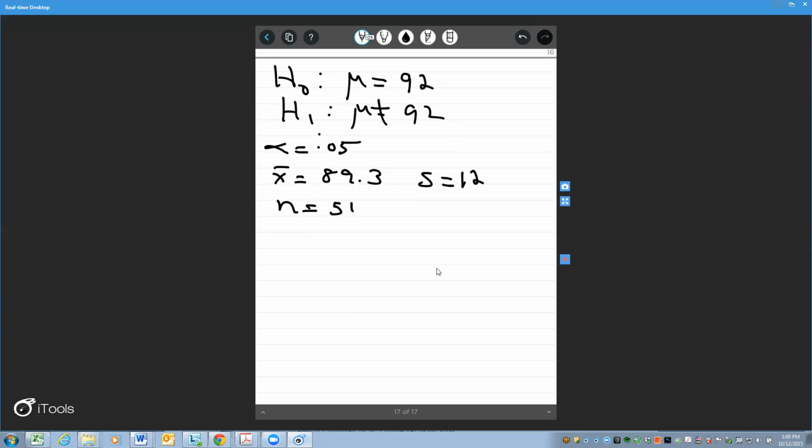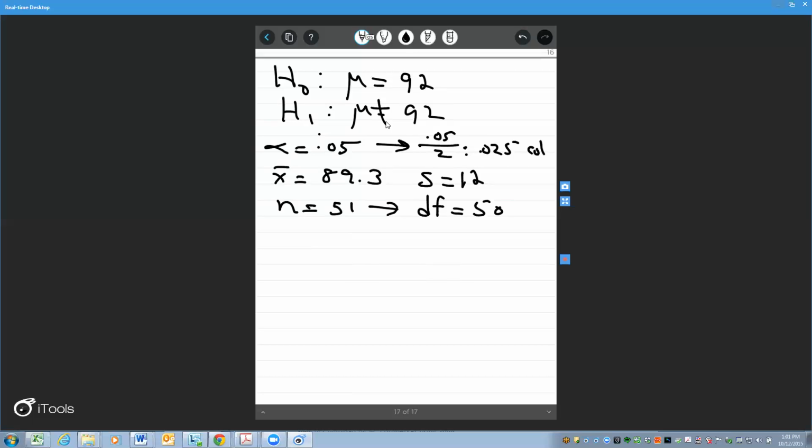Okay, well, first of all, note that N is 51, which tells me that my degrees of freedom is 50. Alpha is 0.05 tells me I'm going to look in the alpha over 2 or 0.025 column. Why do I look in the 0.025 column in my table rather than the 0.05 column?